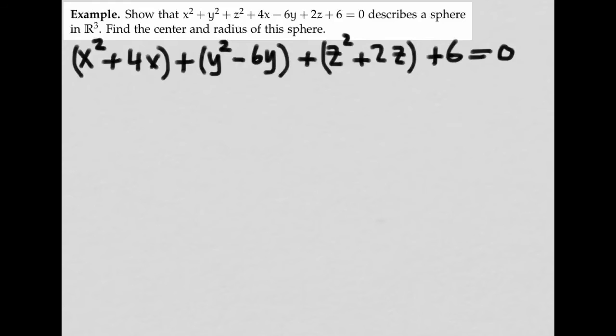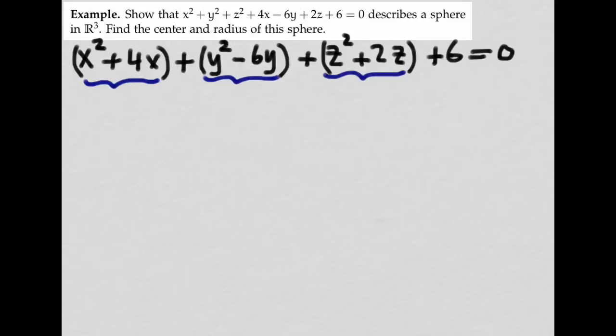In other words, I group all the x's together, all the y's together, and all of the z's together. Now I'm going to complete the square 3 times. I'm going to do it once for the quadratic expression in x, once for the quadratic expression in y, and once for the quadratic expression in z.